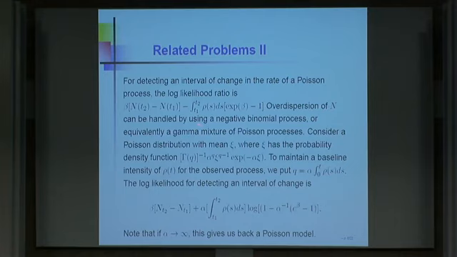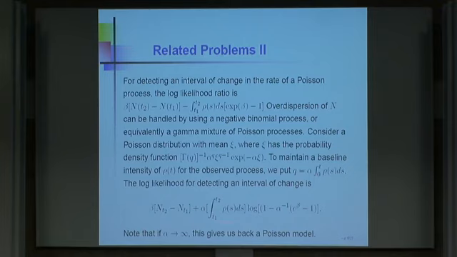So I just remind you that we can do that with a gamma mixture of Poisson processes. And if we want to preserve identifiability, we'll have a constraint on the mixing parameter of the gamma distribution. And then we get a slightly different log likelihood.